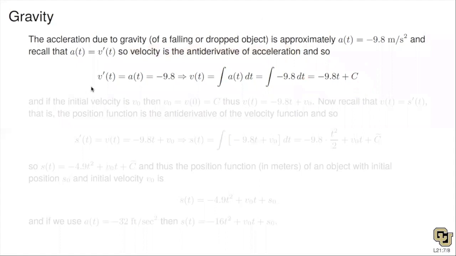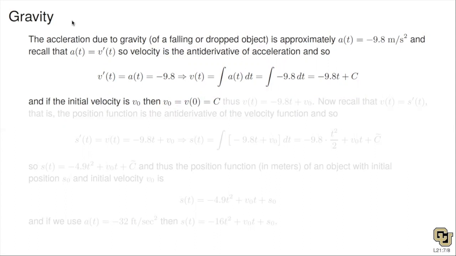And suppose the initial velocity when t equals 0 is equal to v sub 0. We've just introduced some new notation called v sub 0, or v naught, which represents the velocity at time 0. If I plug in t equal to 0 in my formula for the velocity, I get that the constant of integration is actually the initial velocity.